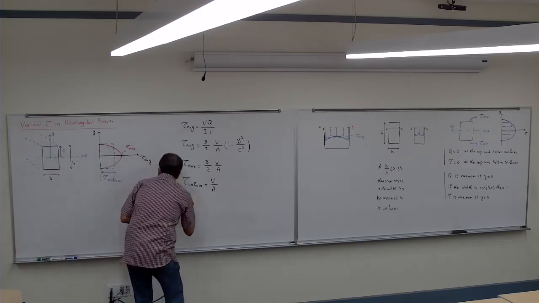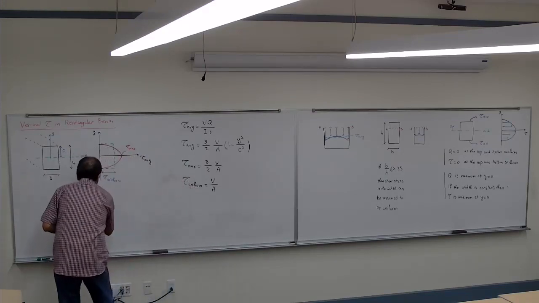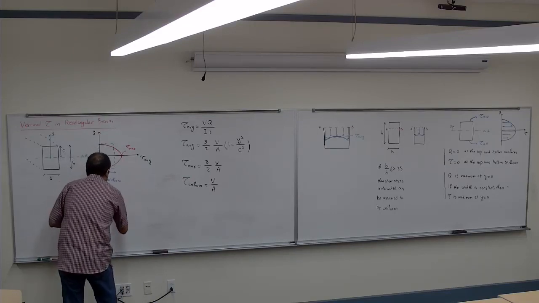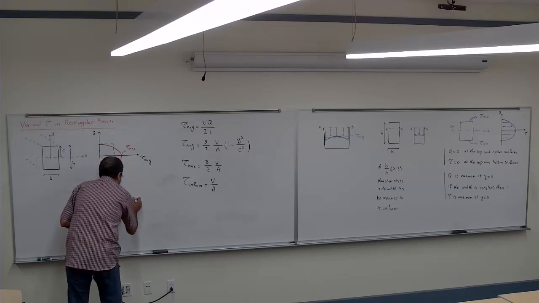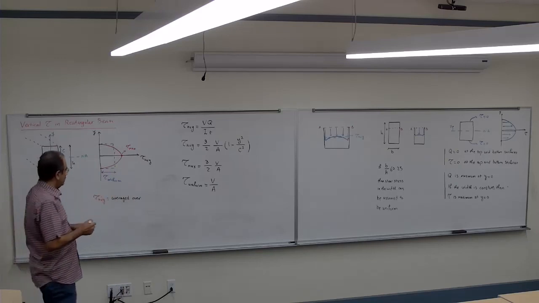So the two points that I want to make sure of: tau average is averaged over the width of the cross section.